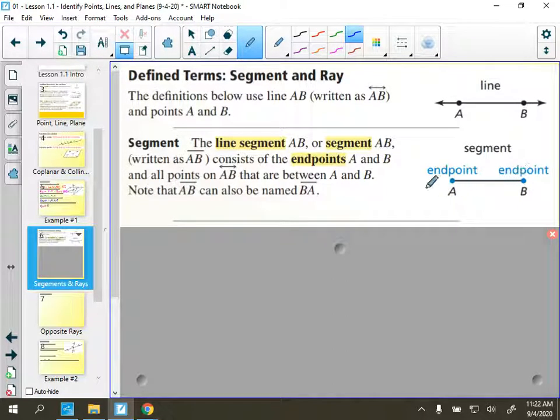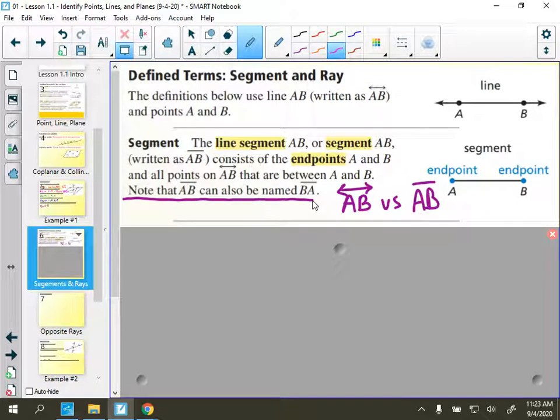Okay, abbreviation, writing wise, just like before, I'm actually going to write this one out here. It's highlighted right here. We could call this segment AB or BA, but the abbreviation changes when I start talking about line AB versus segment AB.